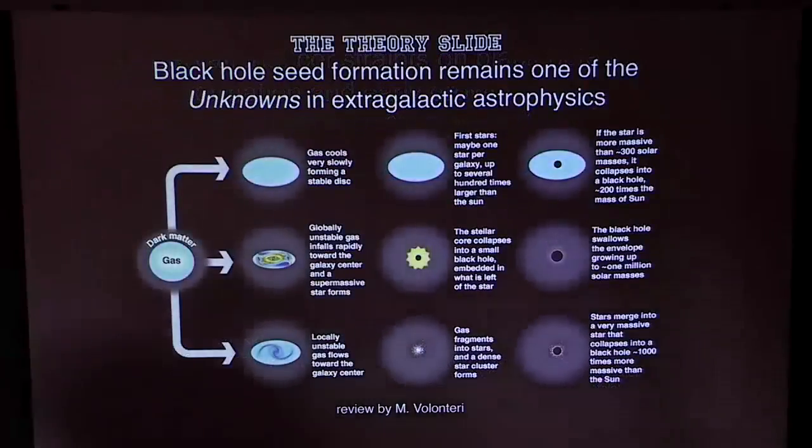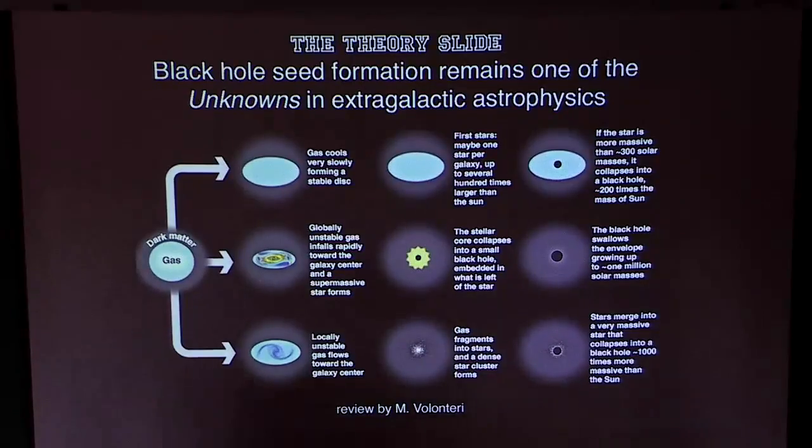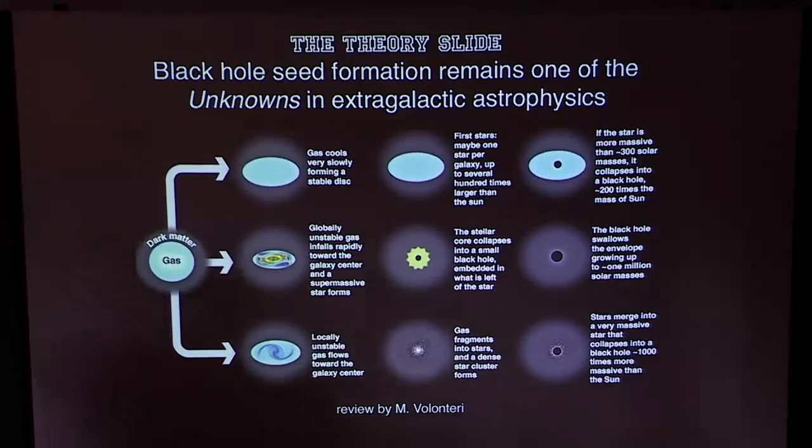This is the theory slide, which Amy already showed this morning, so I don't really need to talk about it. But theorists, including people in the room, have given us some options about what might be happening. The three generic categories here, from a review paper by Marta, are the direct collapse model, where gas collapses all the way down under special conditions in the early universe.